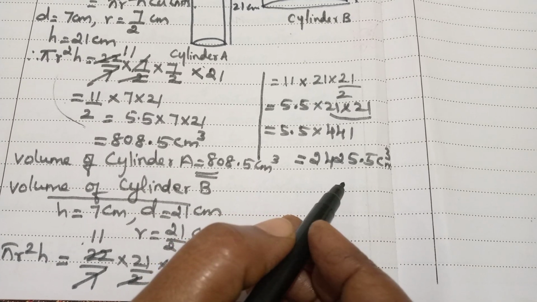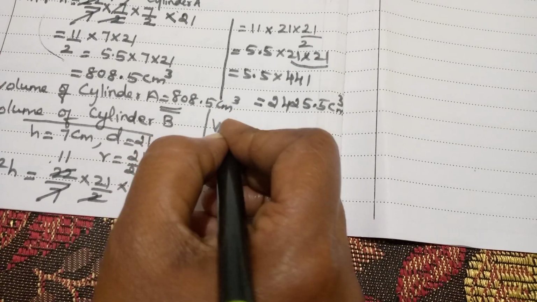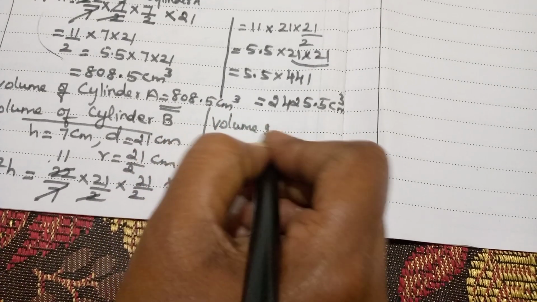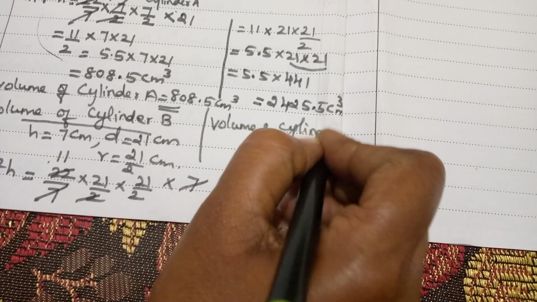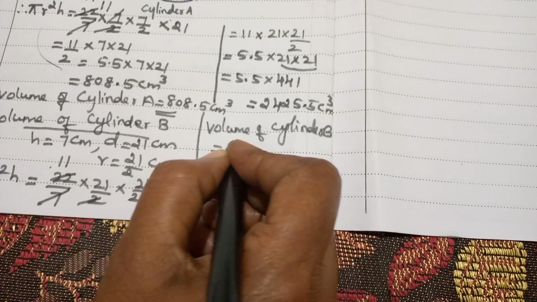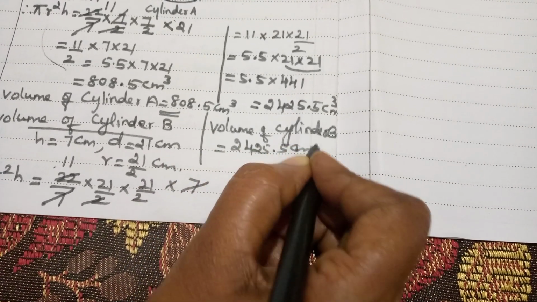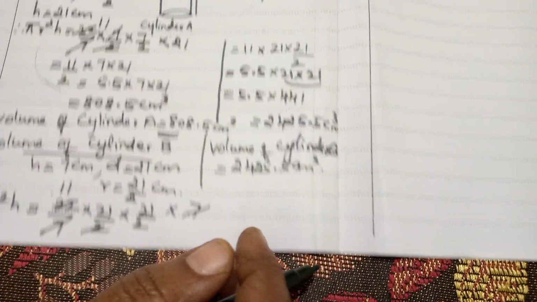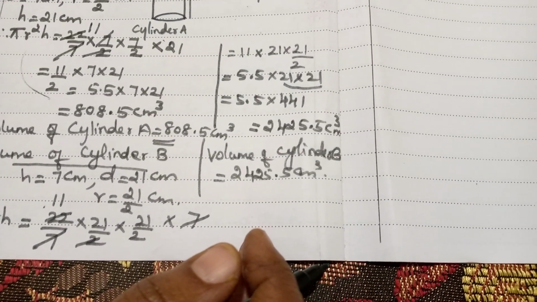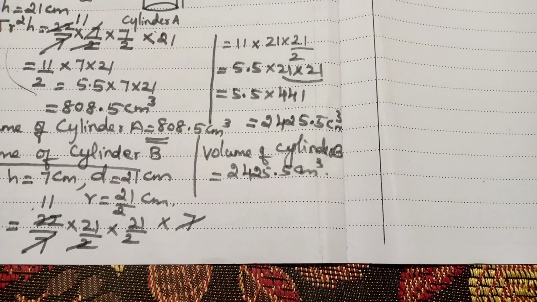So volume of cylinder B is 2425.5 centimeter cube. Okay. So which volume is greater? Volume of cylinder B is greater than the volume of cylinder A. Is it?